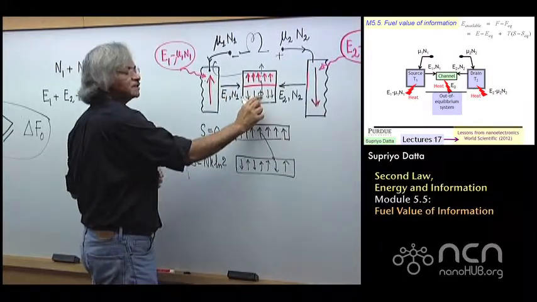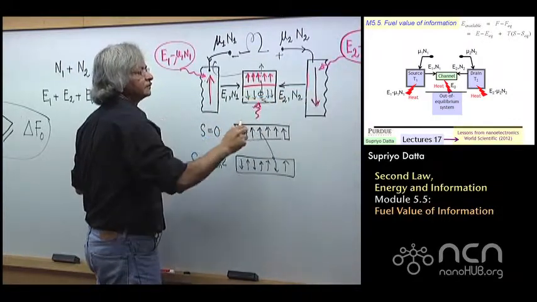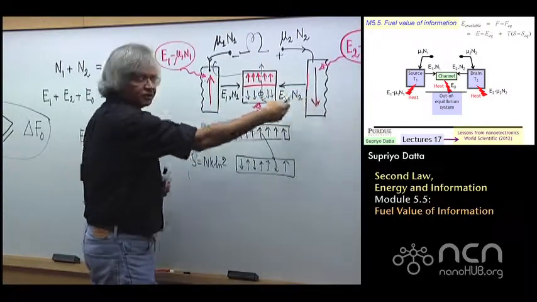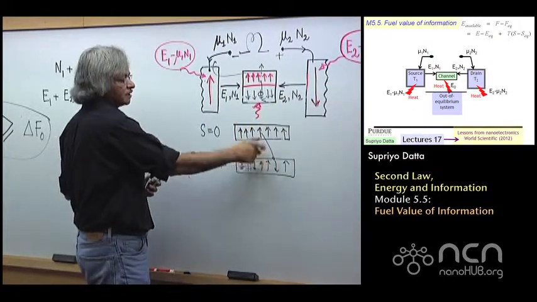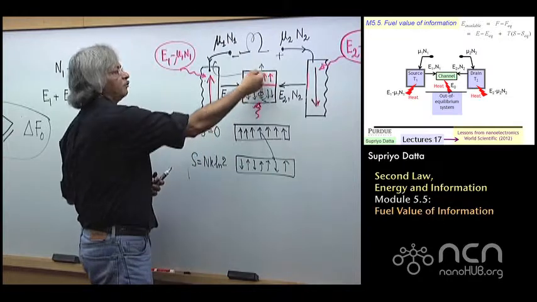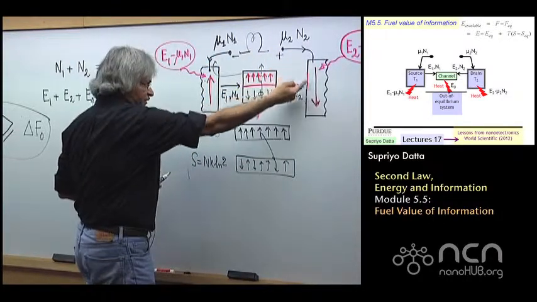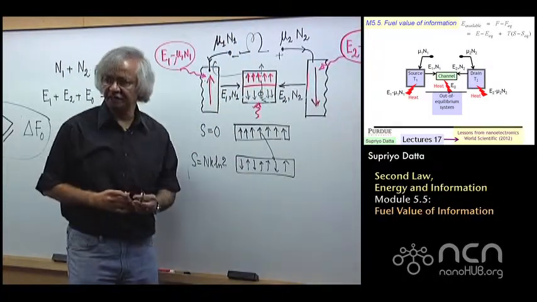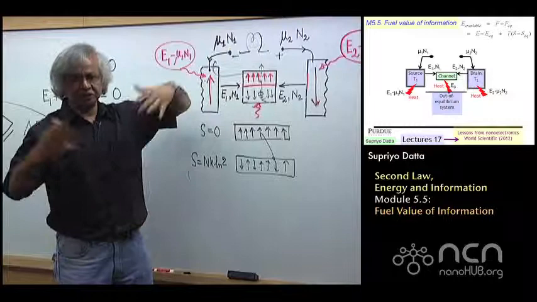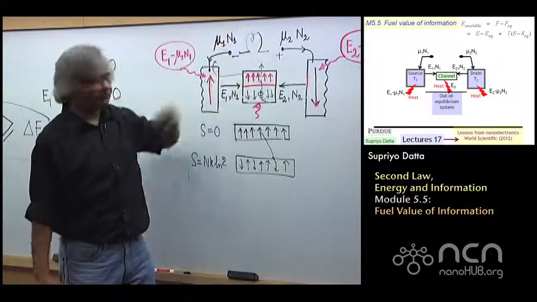And this empty spot that is left behind will get filled in from this side, because this contact again only can inject down spins. So every time you have one of these impurities flip, there will be one electron coming out this way, going out into the external circuit, coming back this way, and that is how you'd have a current flow outside, charging up your battery or lighting up your light bulb, whatever, what have you.